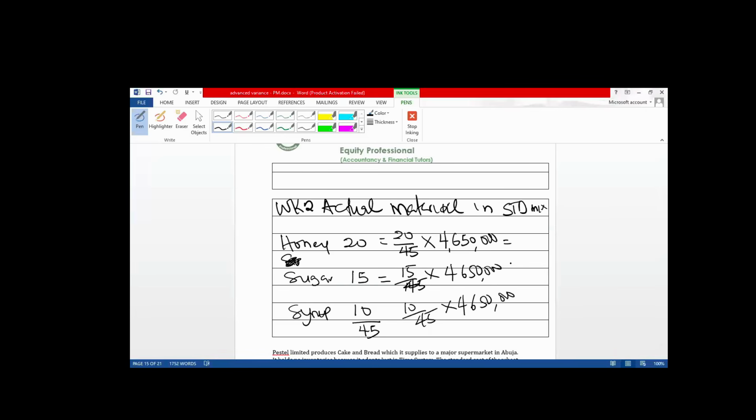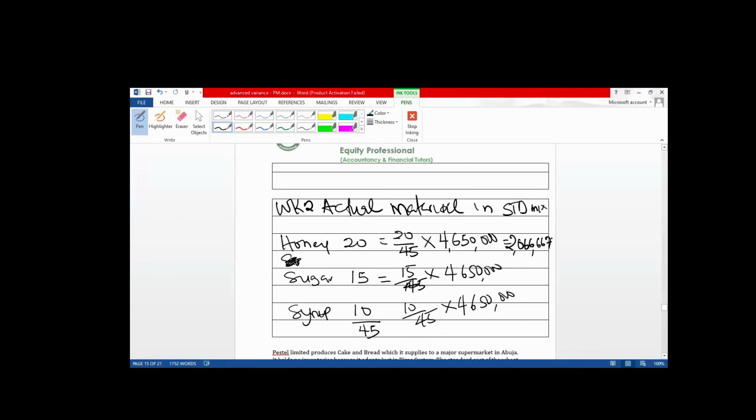4,650,000 divided by 45. You give us a rounding off problem. Multiply by 20. Here you are going to have 2,066,667 approximately.